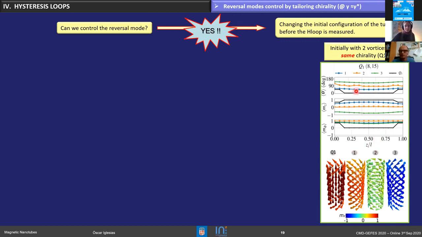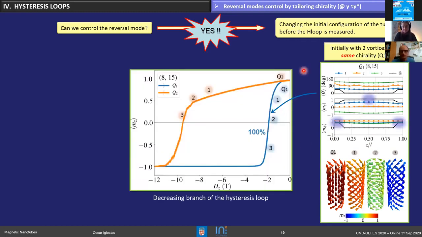If initially we prepare the tube such that two vortices are formed with the same chirality, like in this configuration here, and a central ferromagnetic part is initiated, you see that the evolution follows 100% of the times the low coercive field mode.